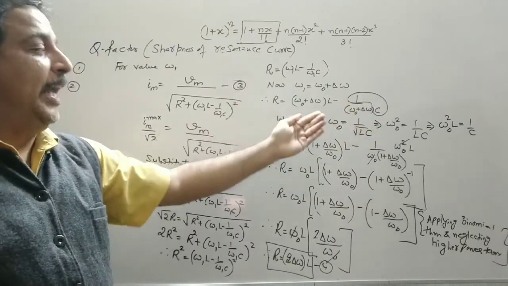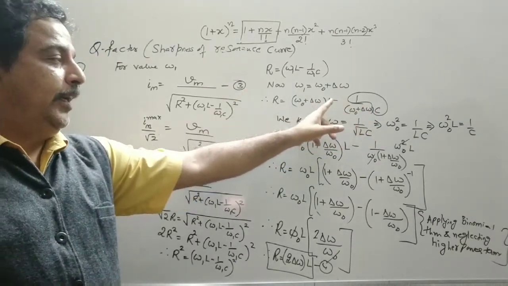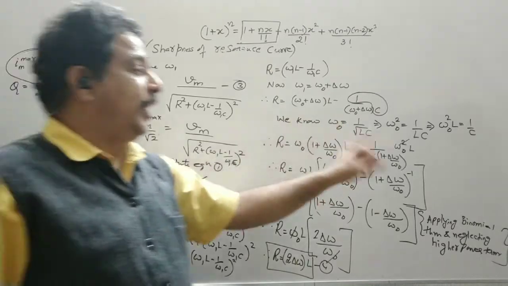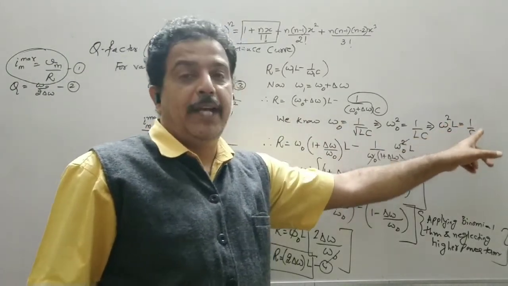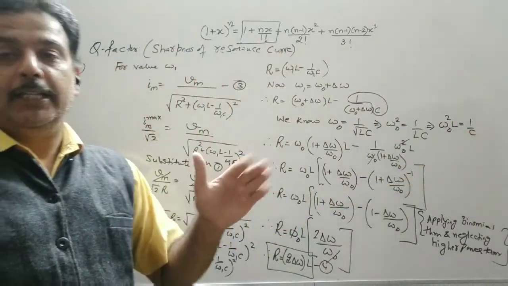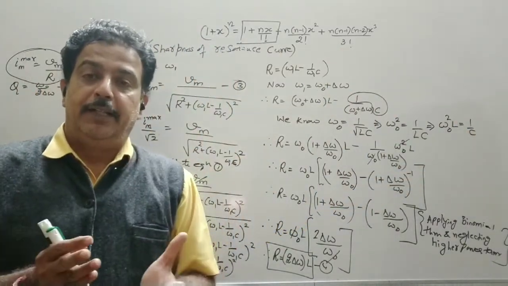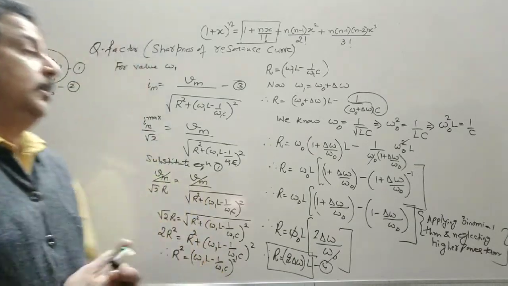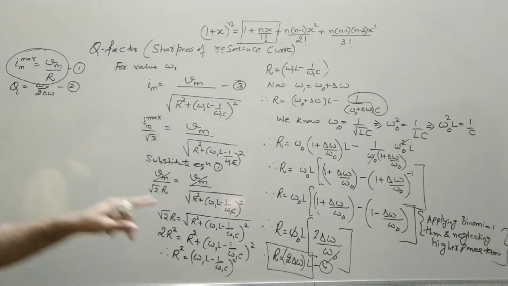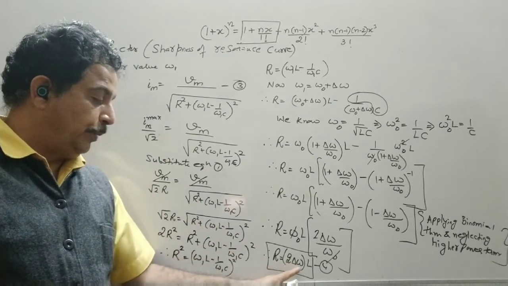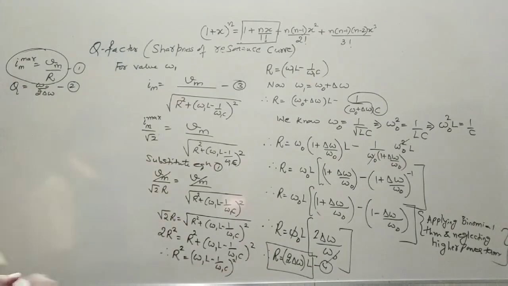You may also eliminate L at this point, where you can write L is equal to 1 upon omega naught square C. So either we eliminate L or C. Here we have eliminated C. Now we know that quality factor is omega naught upon twice delta omega. So twice delta omega is nothing but R upon L.